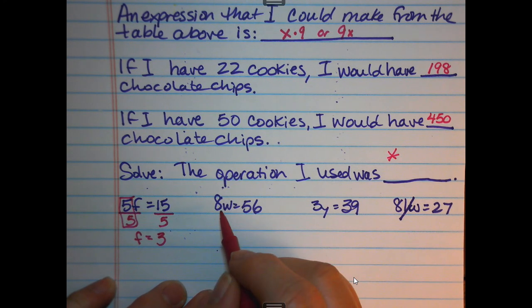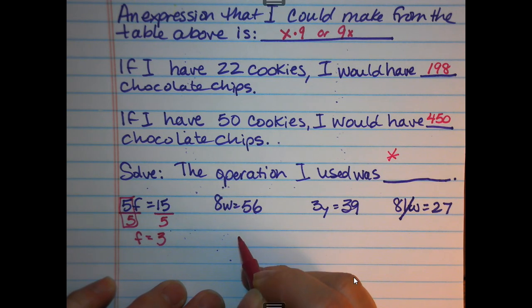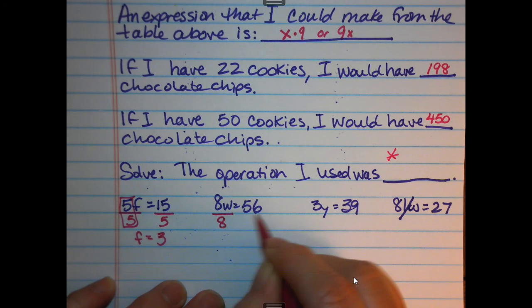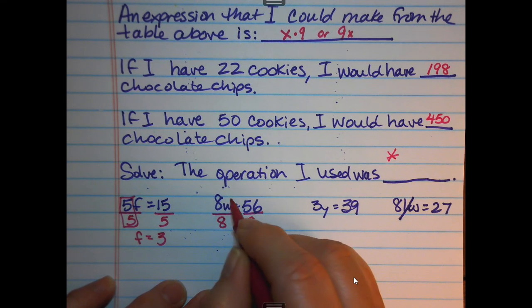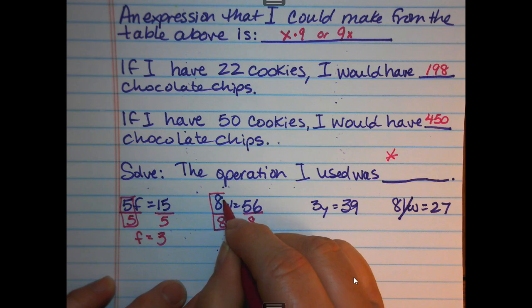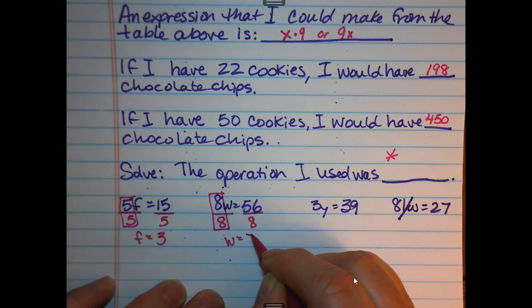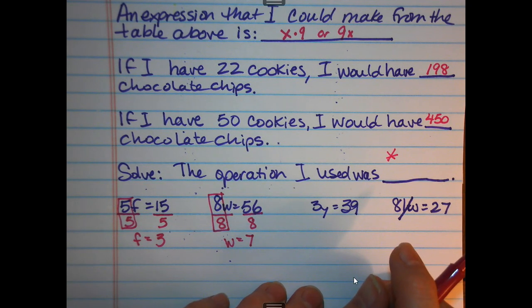Over here, I have 8 times W equals 56. So again, I'm going to divide both sides by 8, and this makes a giant 1. So W equals 7 because 7 times 8 equals 56.